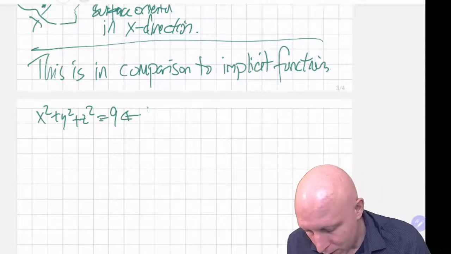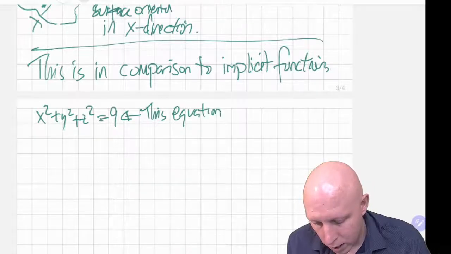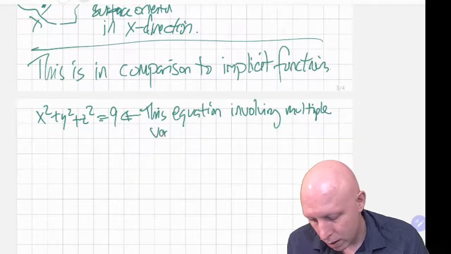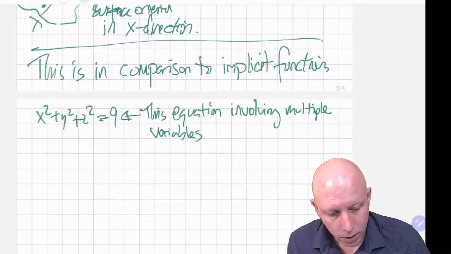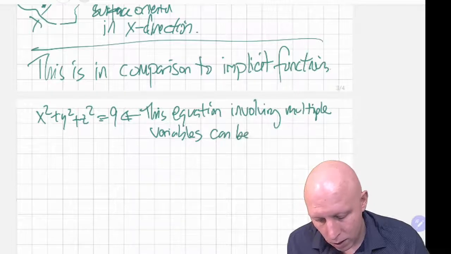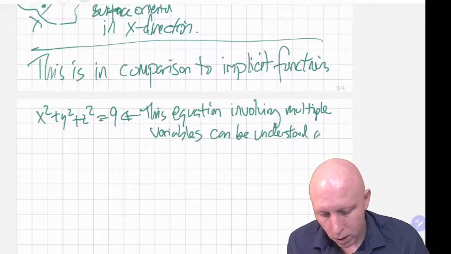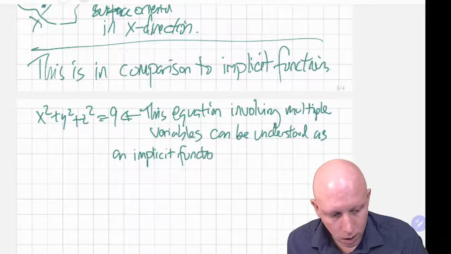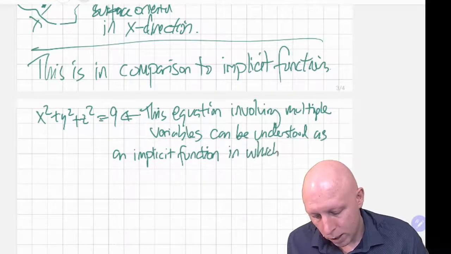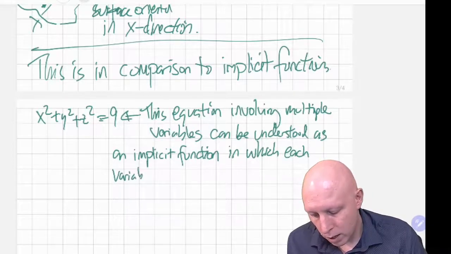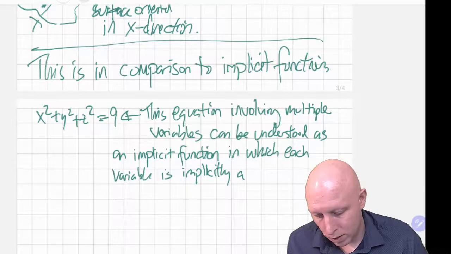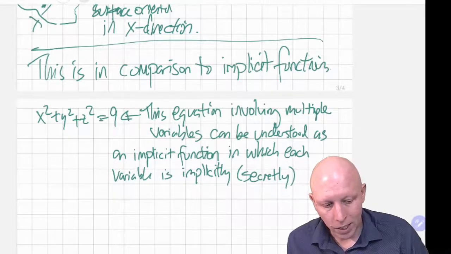So this equation involving multiple variables can be understood as an implicit function in which each variable is implicitly, and I like to think of implicit being secretly, defined as a function of the other variables.